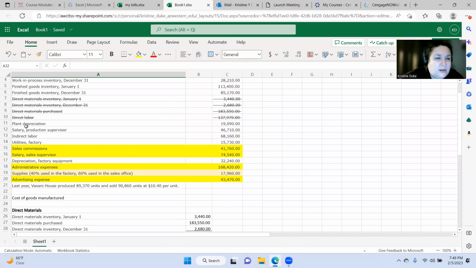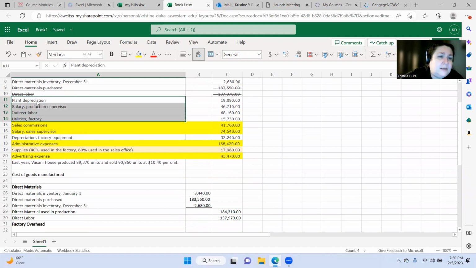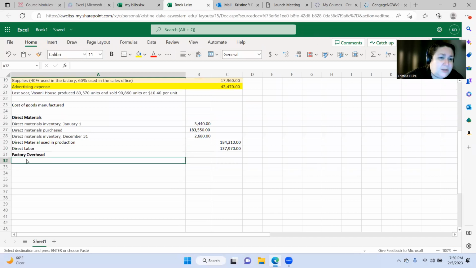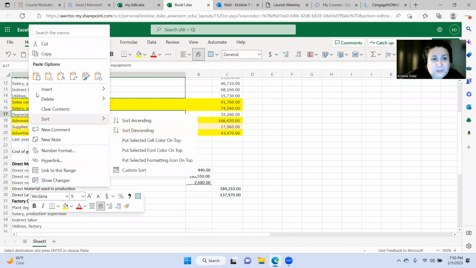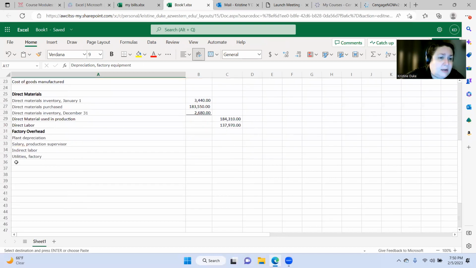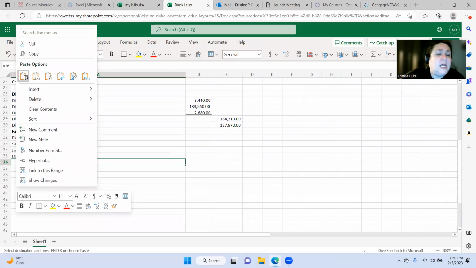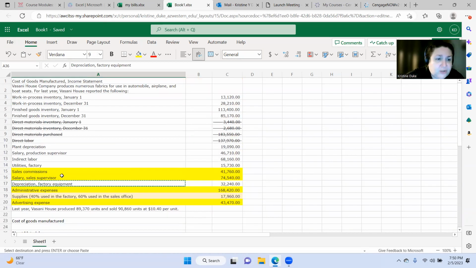So I'm going to come over here because I'm being really lazy. Your teacher is going to grab all of this and she's going to copy because that's what we do. I'm going to paste them and then I'm going to come up here and grab that one because we do have that as well. Factory equipment. Now, if this were office equipment, see, it's plant depreciation.